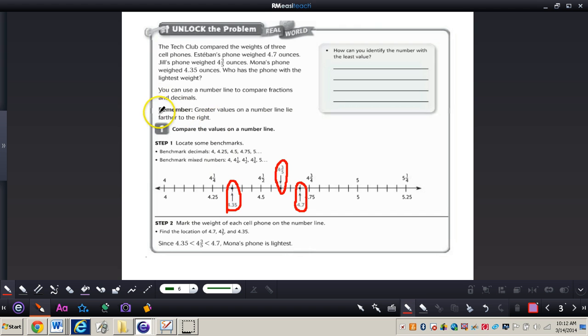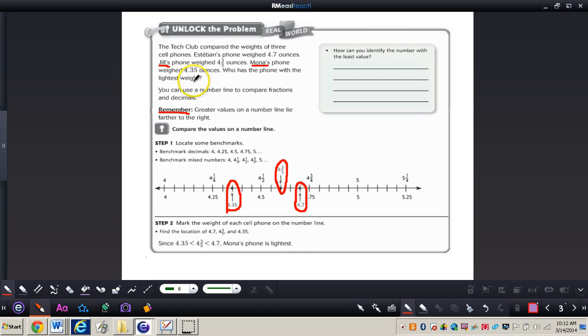Okay, so we need to go back to our key tip of this video, which is to remember that greater values on a number line lie farthest to the right. If we want to figure out who has the phone with the lightest weight, we would say that the one that is 4 3/5 ounces, Mona, would be the lightest because it goes furthest to the left on the number line. 4 3/5 would be the next one, which would be Jill's.